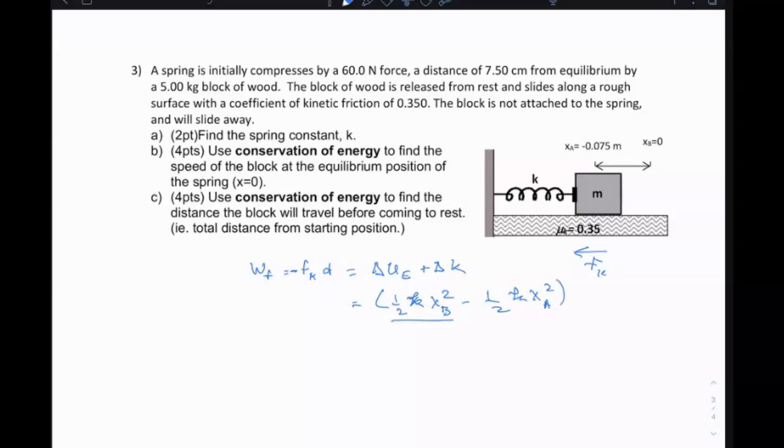And that this term is going to be equal to 0 plus delta K. So that's all I wanted to say about this problem. I hope you'll think about it before you take the exam.